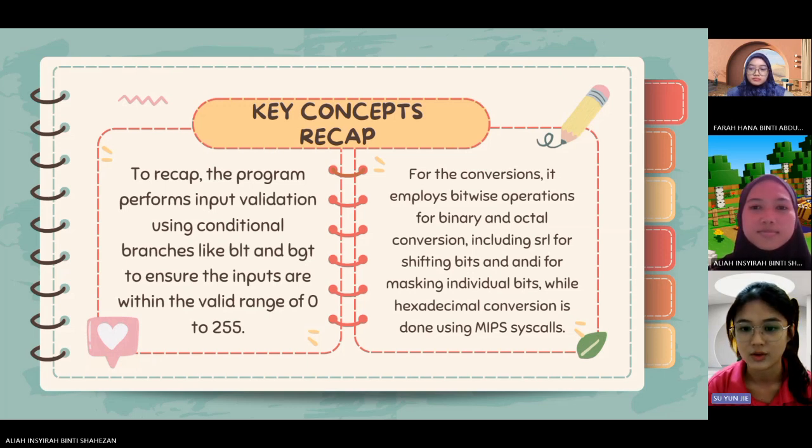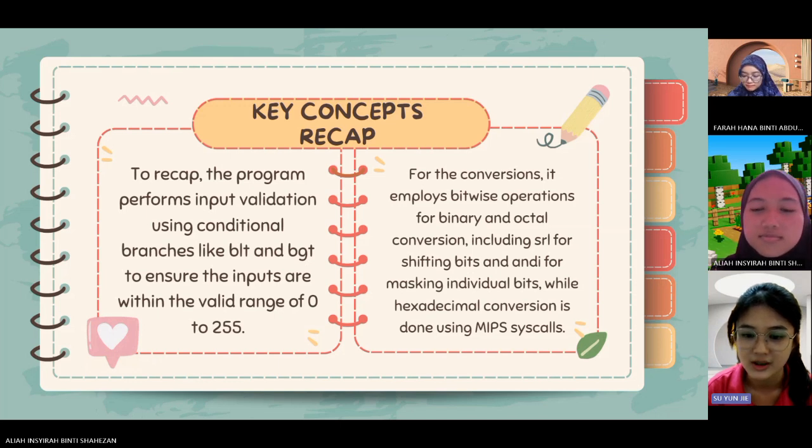Then for the conversions, it employs bitwise operations for binary and octal conversion, including SRL for shifting bits and ANDI for masking individual bits, while hexadecimal conversion is done using MIPS syscalls.